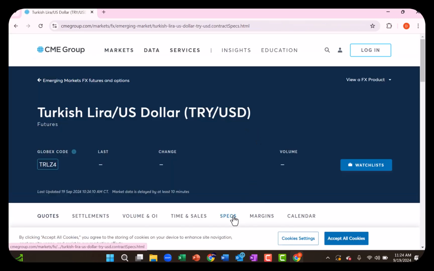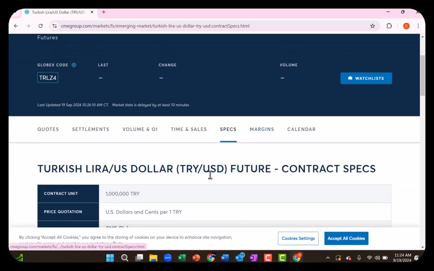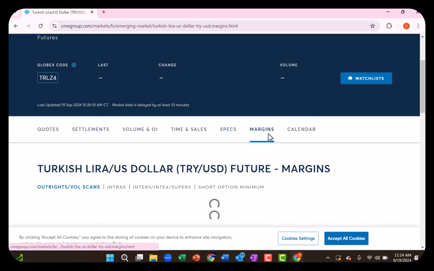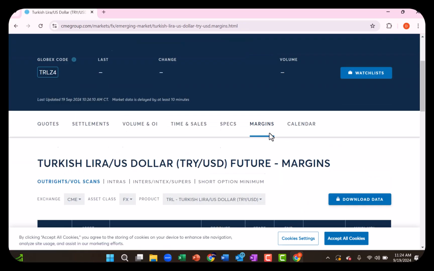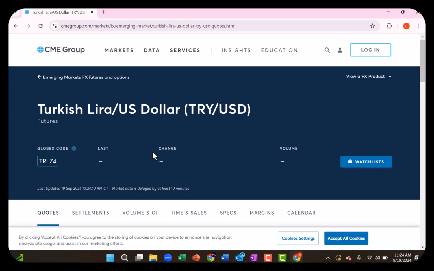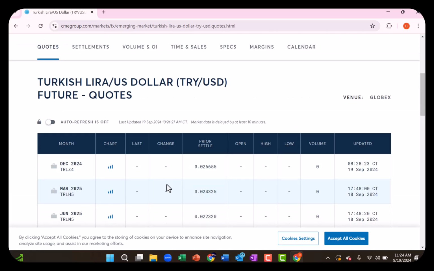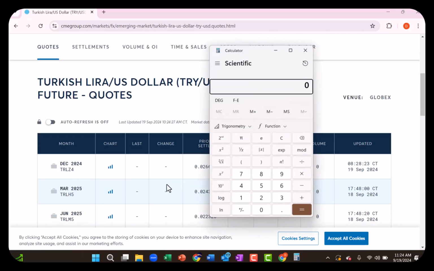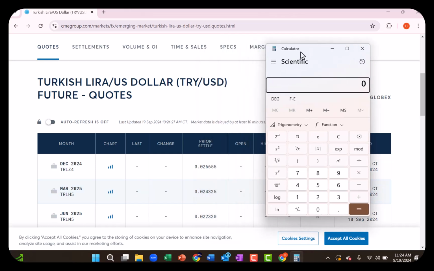Let's see the specs. I don't think there's much trading on this, but it's 1 million Turkish lira. Margin is 7,000. Let's look at the quotes. Last is 0.02 something. 1 million.